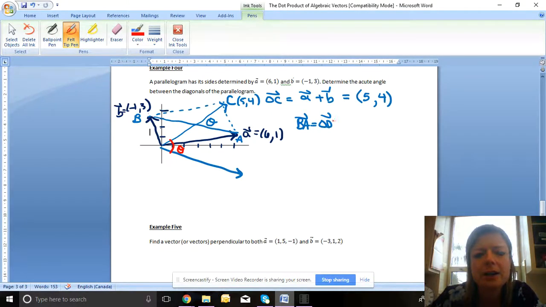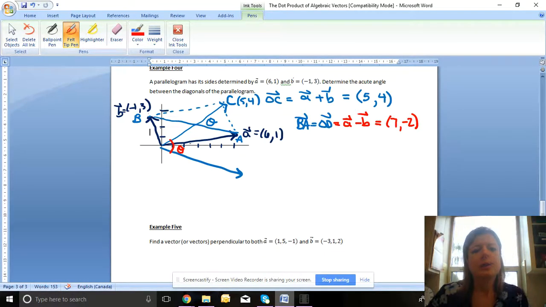So if we find OD, which is just A minus B, okay, so 7, -2. So now we just need to find the angle between OC and OD. So that is equivalent to the angle between OC and BA, since BA is a position vector with OD.